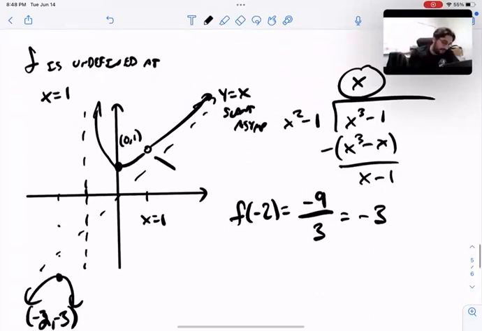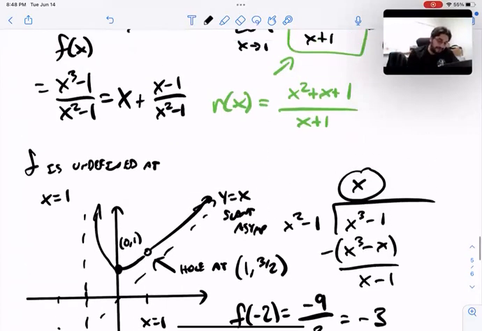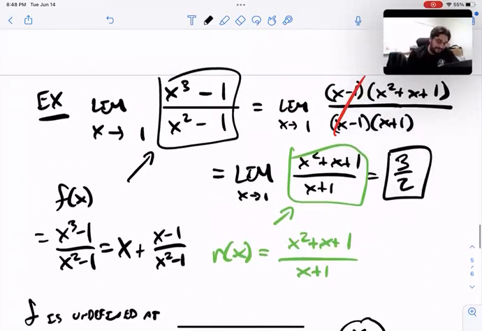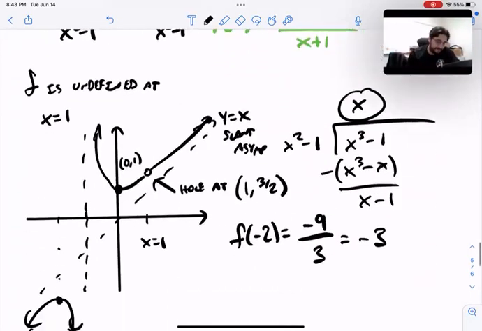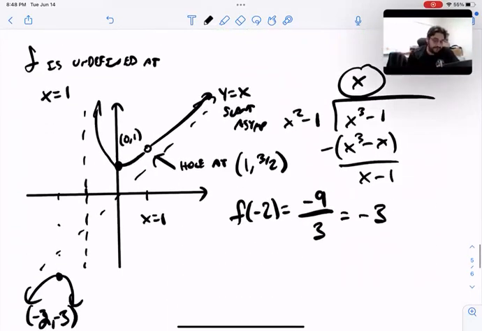Well, that hole is at (1, 3/2). How did I know it was 3 halves? Because that's what the limit came out to be, right? This limit calculation told me that the y coordinates were approaching 3 halves as x was approaching 1. So that's this hole at (1, 3/2).